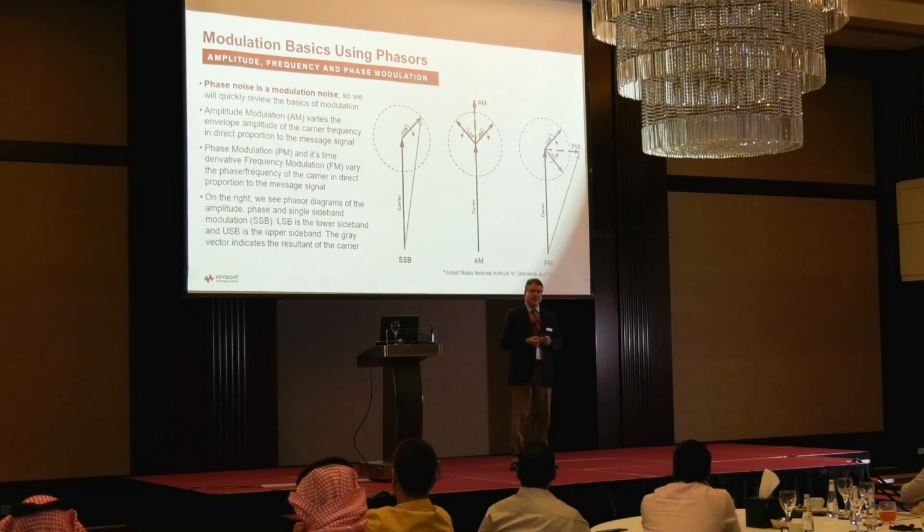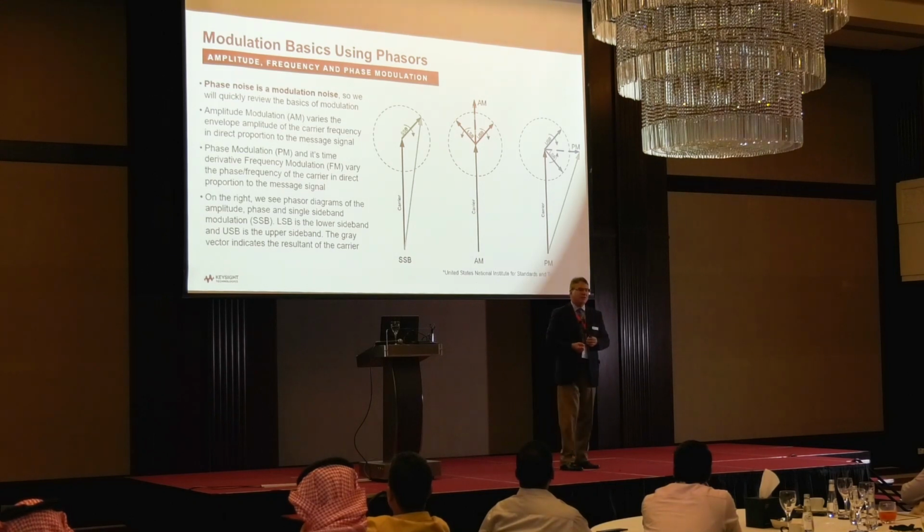So for example, in SSB, single sideband modulation, we actually have just one additional vector rotating clockwise around this main amplitude and carrier frequency. In the case of AM modulation, there are two phasors that are orthogonal to each other, rotating in opposite directions and cause just an amplitude variation in the fundamental carrier amplitude.